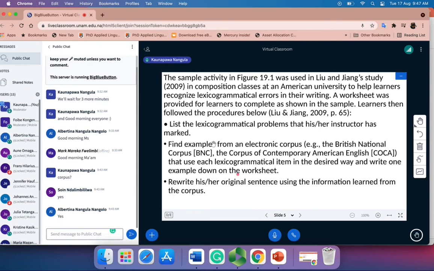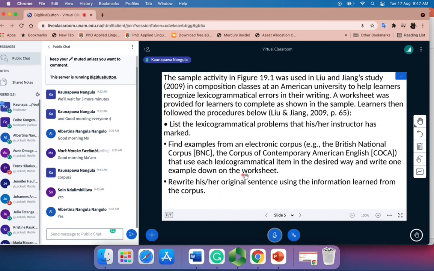And then number 2, find examples from an electronic corpus, either the British National Corpus, so this is now the British one, or the Corpus of Contemporary American English, which is based on American English, that use each lexical grammar item in the desired way, and write one example down on the worksheet.